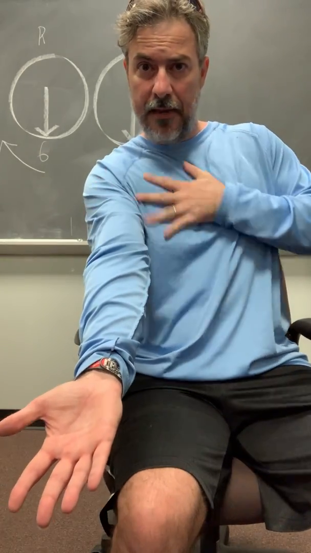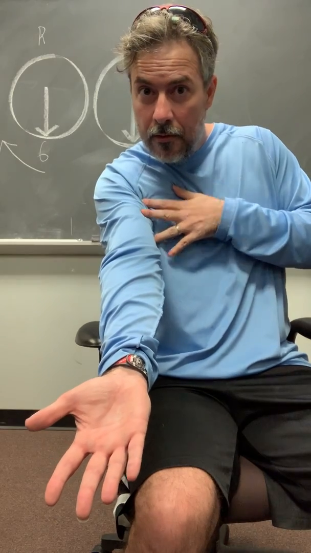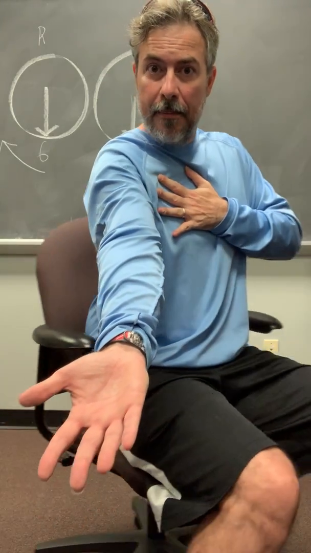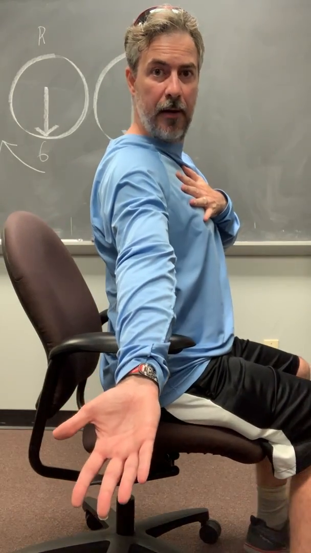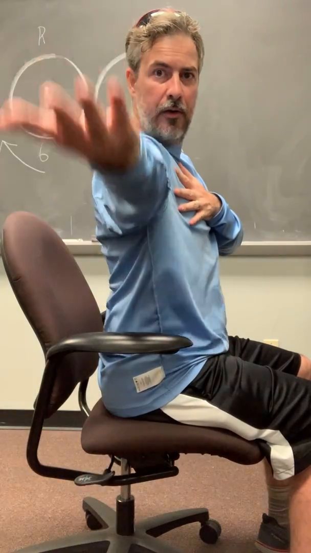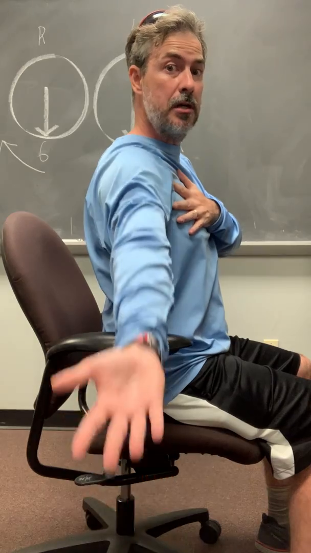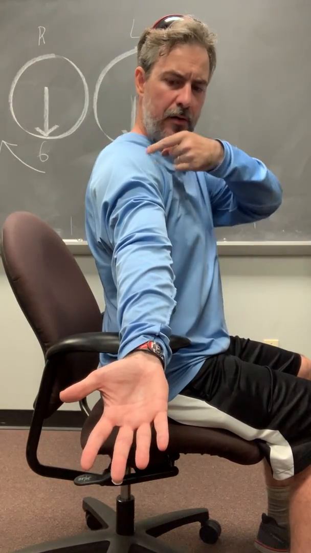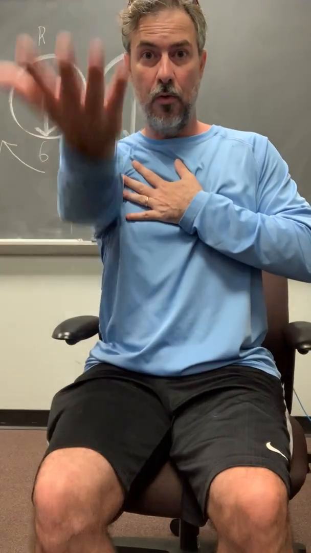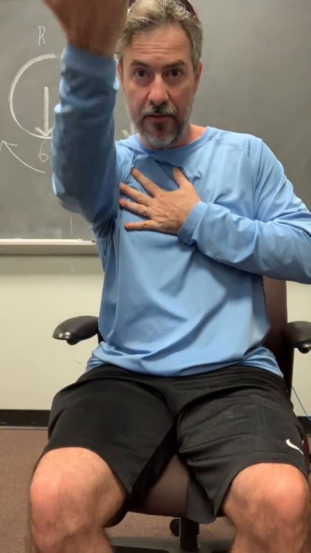Well, what if I kept the anterior part facing you and then externally rotated my body? Well, now you'd say, well, I'm still doing the exact same motion. And you'd be right from the long bone's perspective. It's doing the same thing here as it was here. However, this is going to get me more into out of fetal.